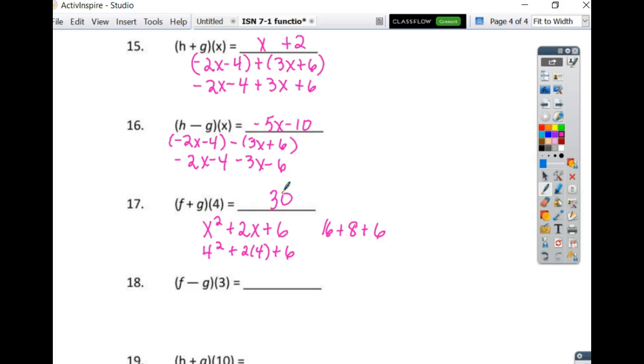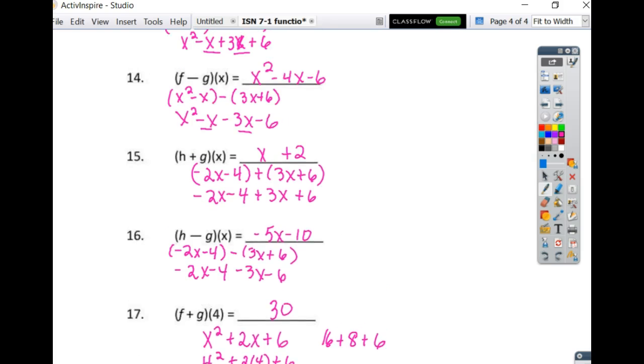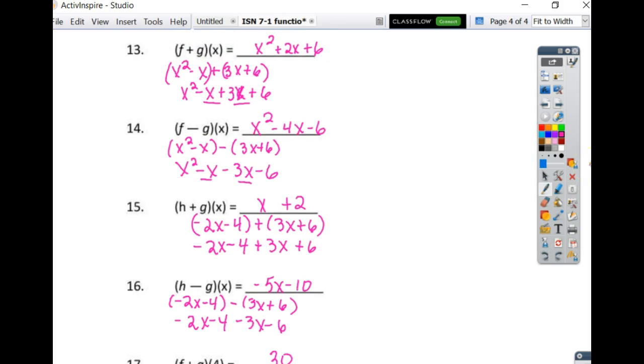Okay. Any other questions on this? Does anybody need to see another one? You want to see another? Which one? 18? So what did we get for an answer for f minus g? We got x squared minus 4x minus 6.